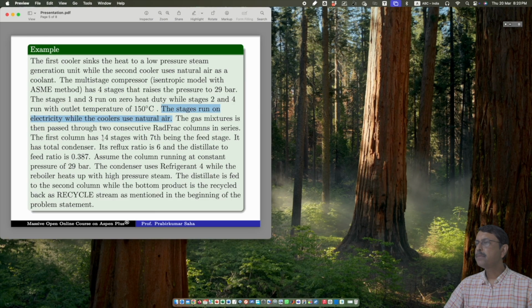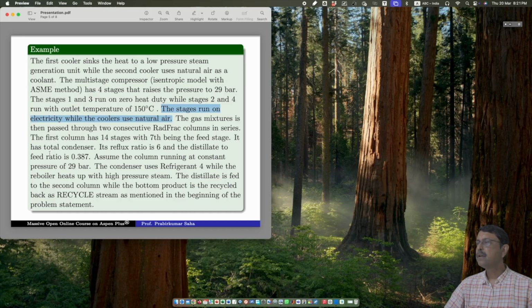The column has 14 stages. All this information is given, and then the distillate is fed to the second column while the bottom product is recycled back as a recycle stream, as mentioned in the beginning. So the bottom product is the recycle stream, whereas the distillate is fed to the second column.